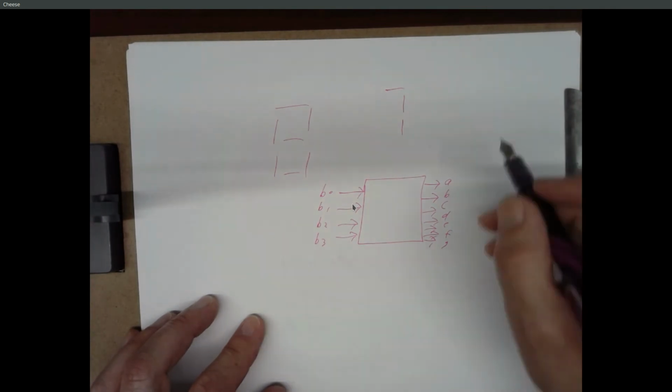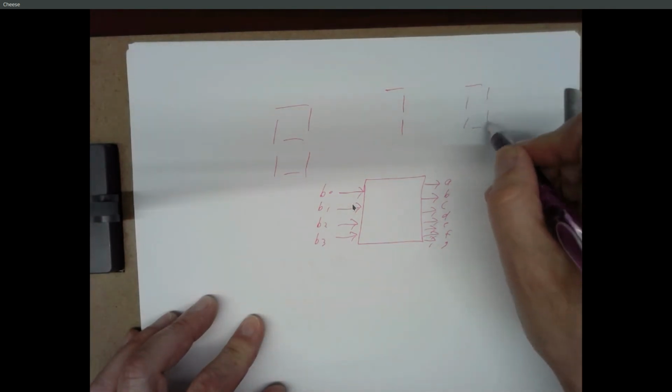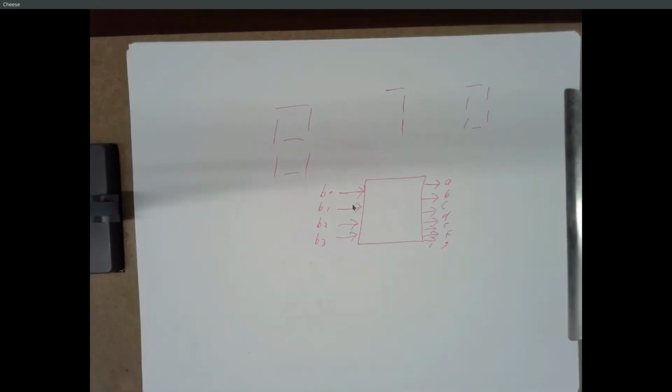And if I send a binary 0 in, it would light up these 6 LEDs to look like a 0.